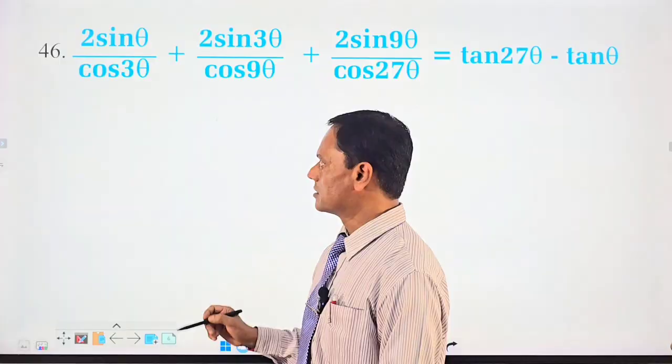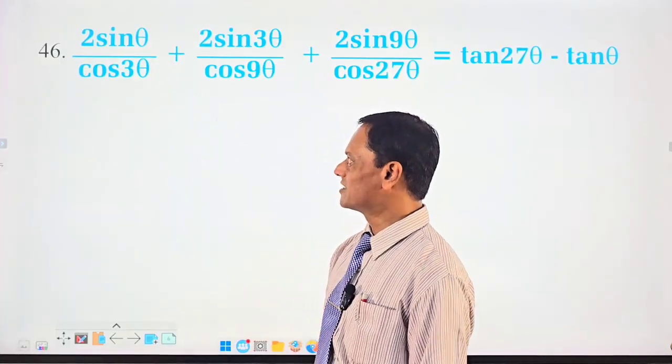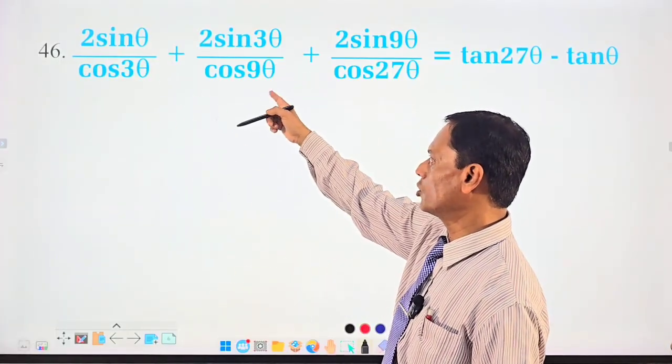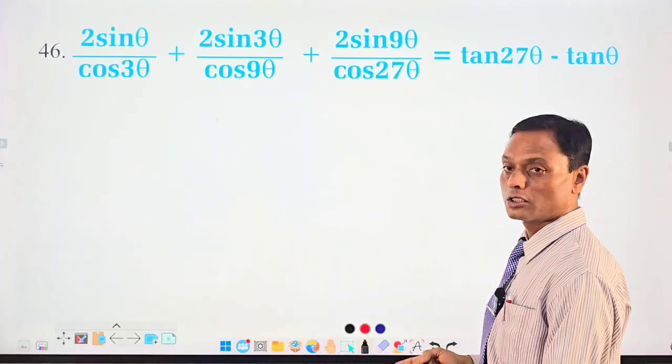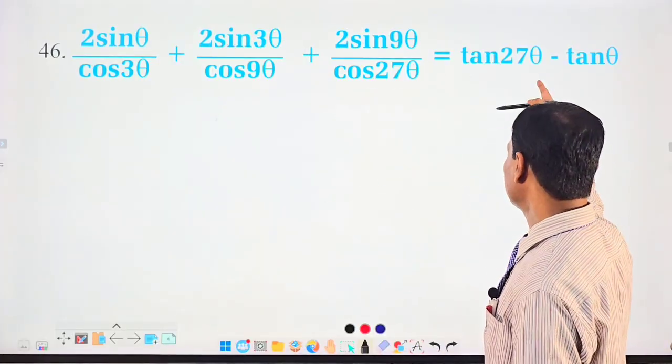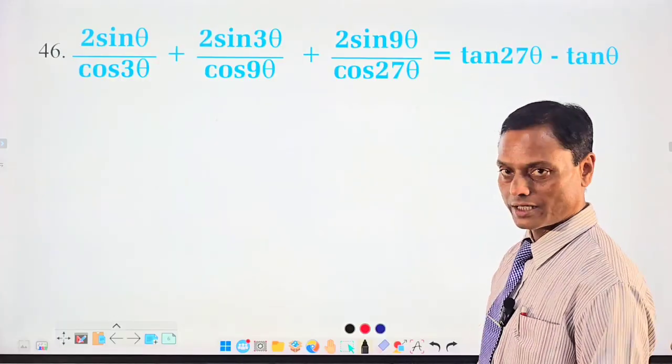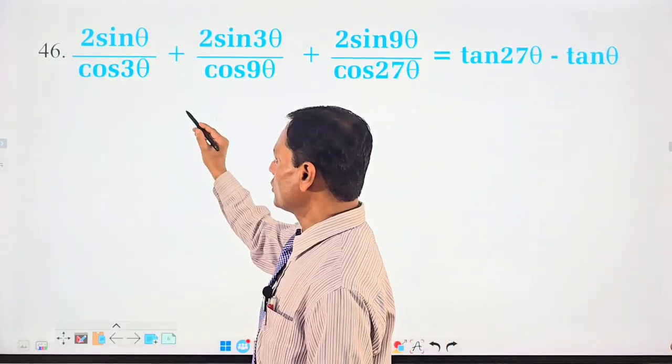Identity number 46. 2 sin theta over cos 3 theta plus 2 sin 3 theta over cos 9 theta plus 2 sin 9 theta over cos 27 theta equals tan 27 theta minus tan theta. Obviously we have to choose the left hand side.